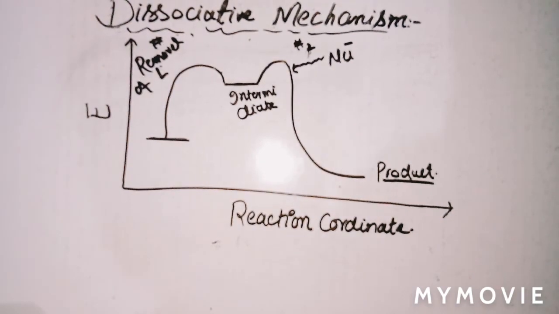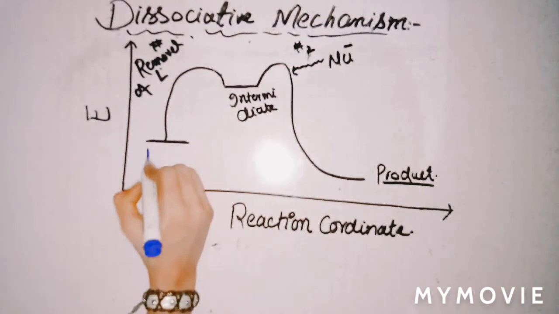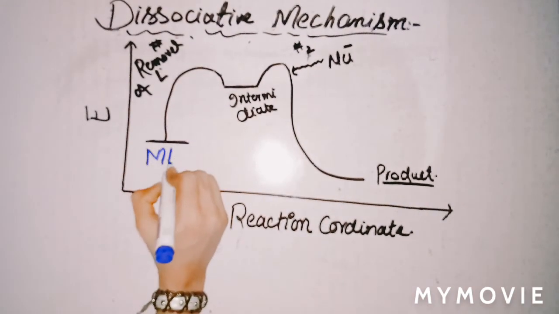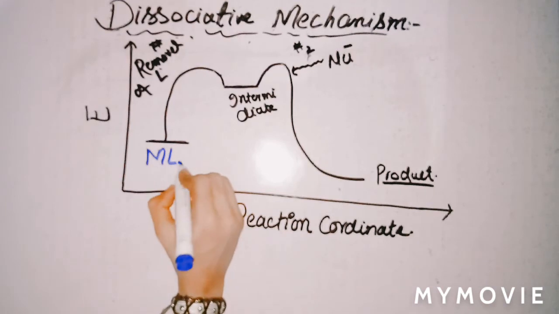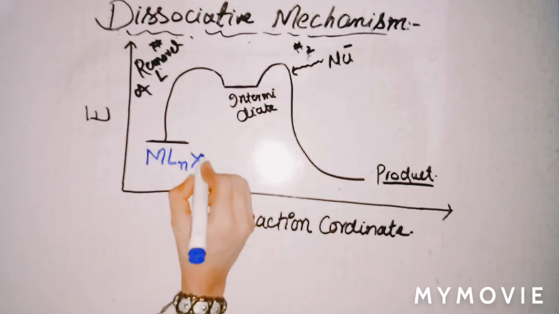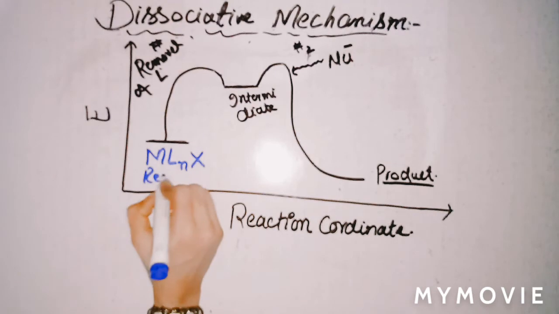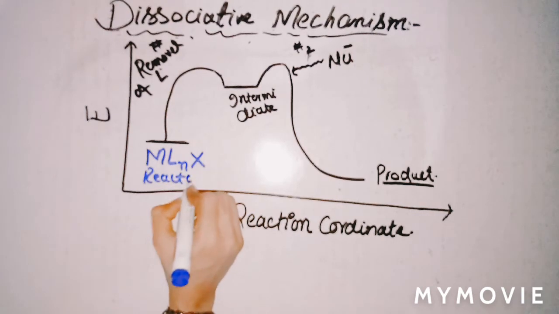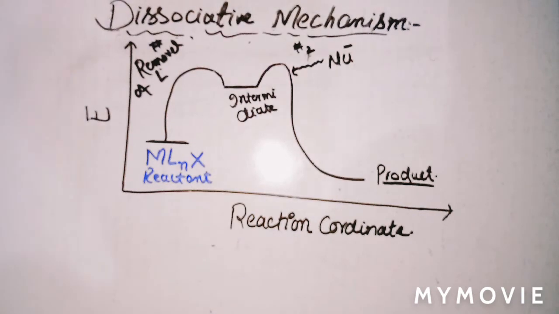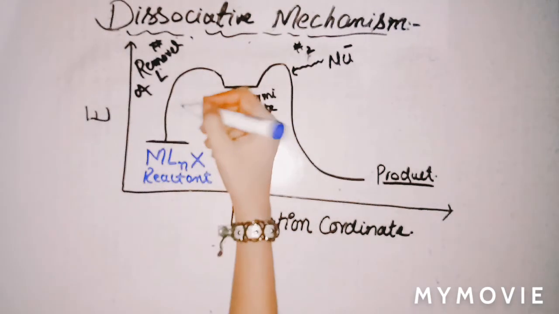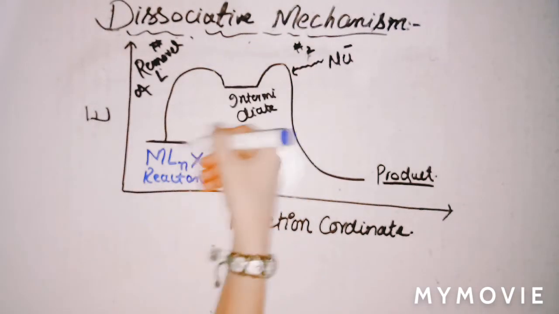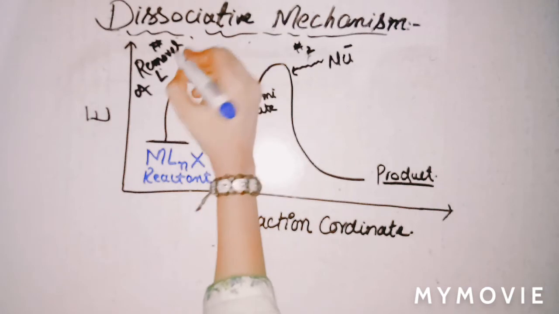So for the above reaction, the energy profile diagram will be written as follows. We have the M L N X complex. This is the reactant. At this state, X is the leaving group, and removal of the leaving group occurs.